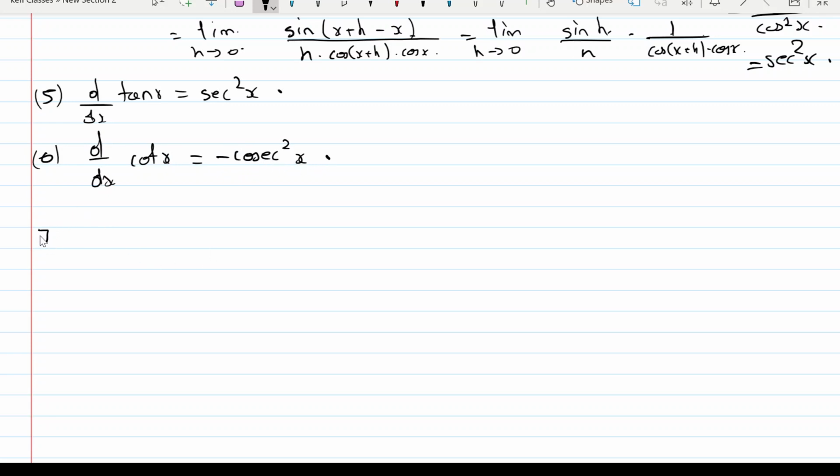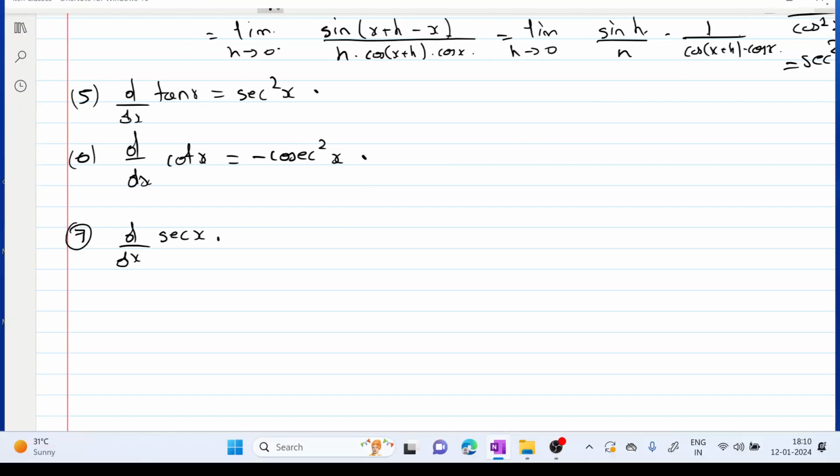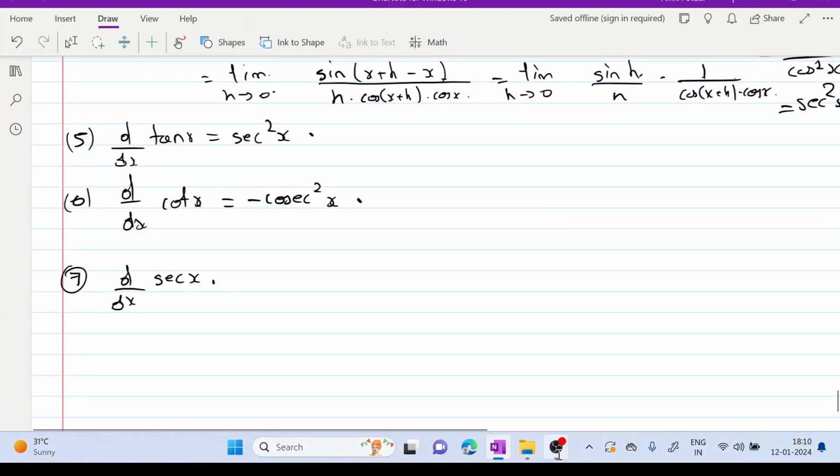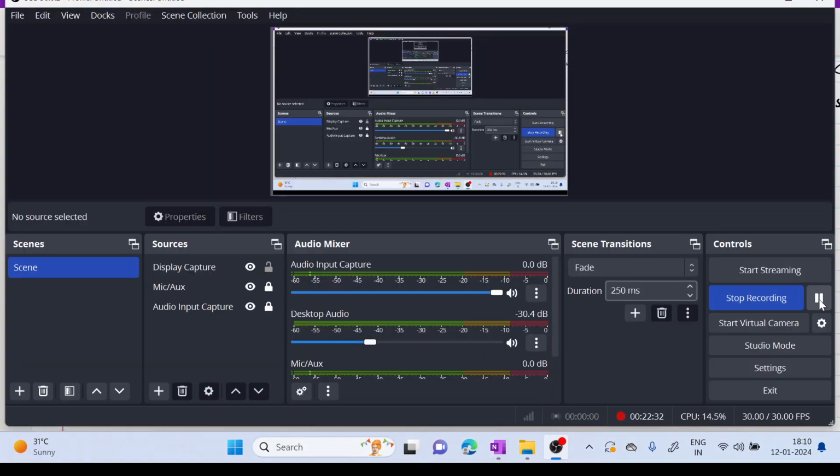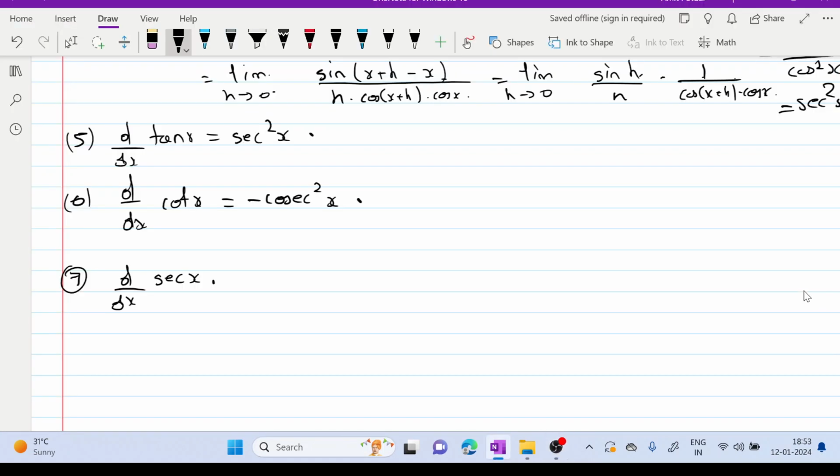So now we will do the seventh one, d by dx of sec x. Okay, so I'll just take a break and I'll come to it. Okay, the next one is d by dx of sec x.